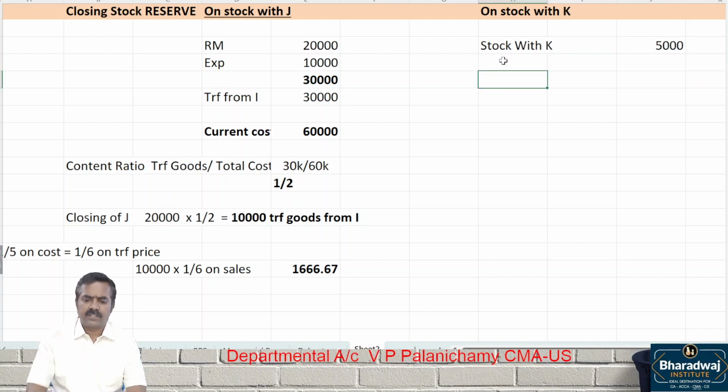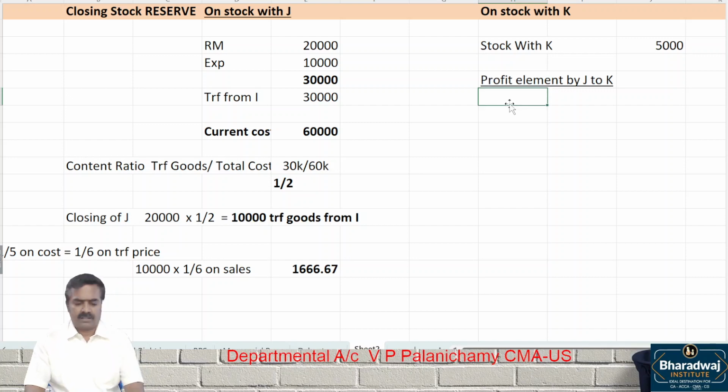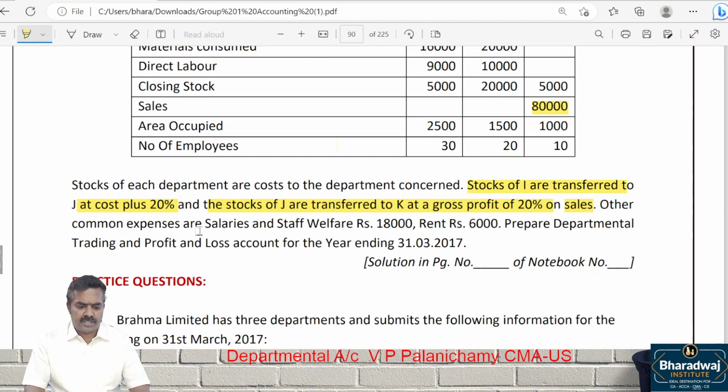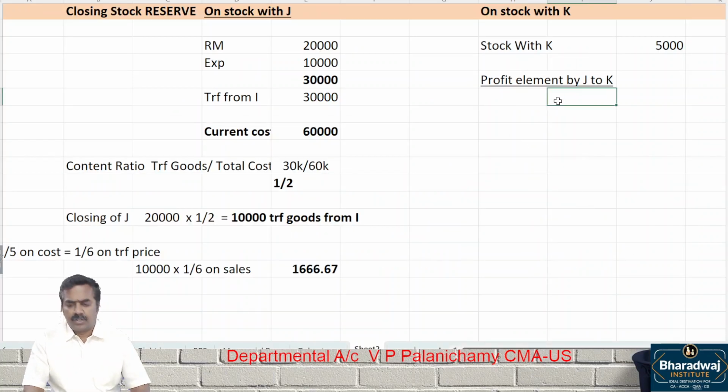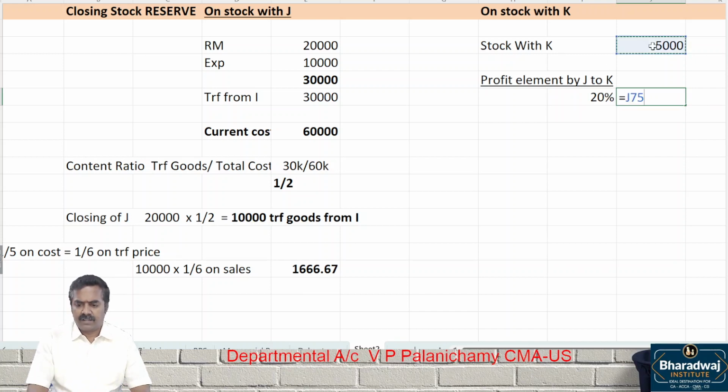In this, the profit element charged by J to K, how much have they charged? 20% on sales. So we can put 20% on sales directly. This is the selling price. 5,000 into 20%.